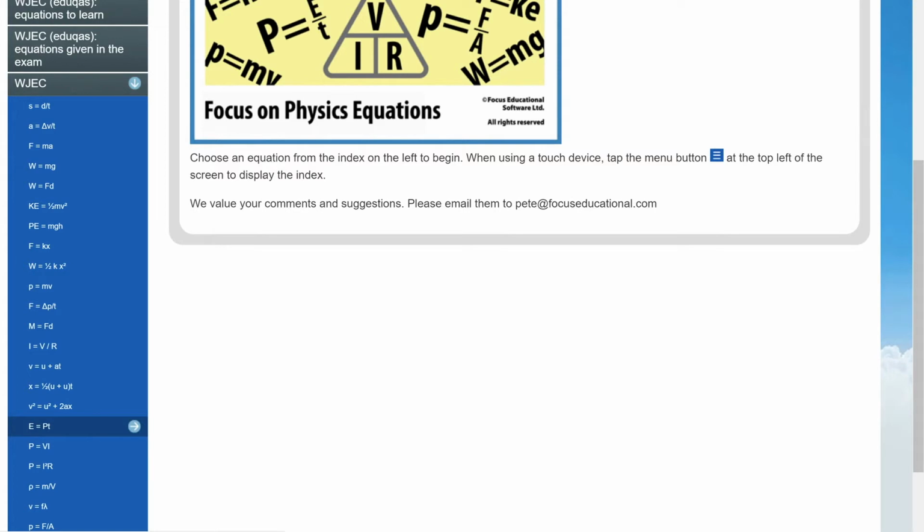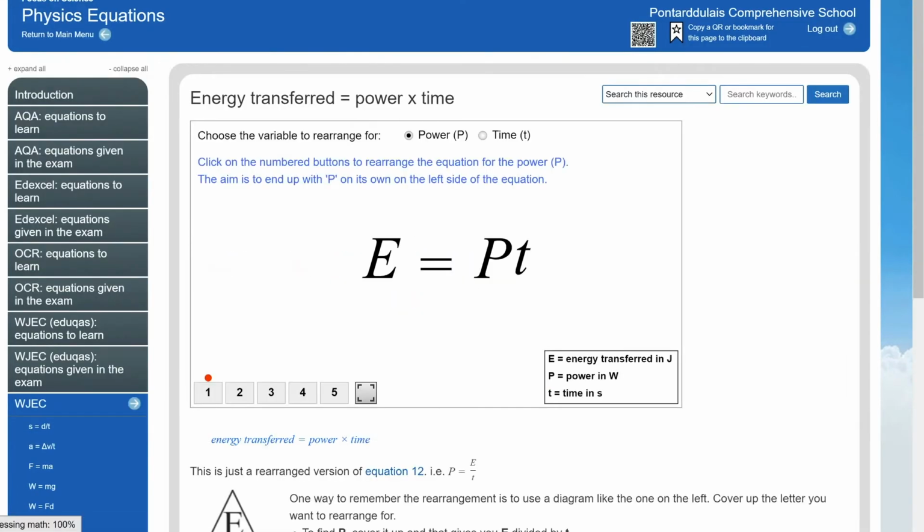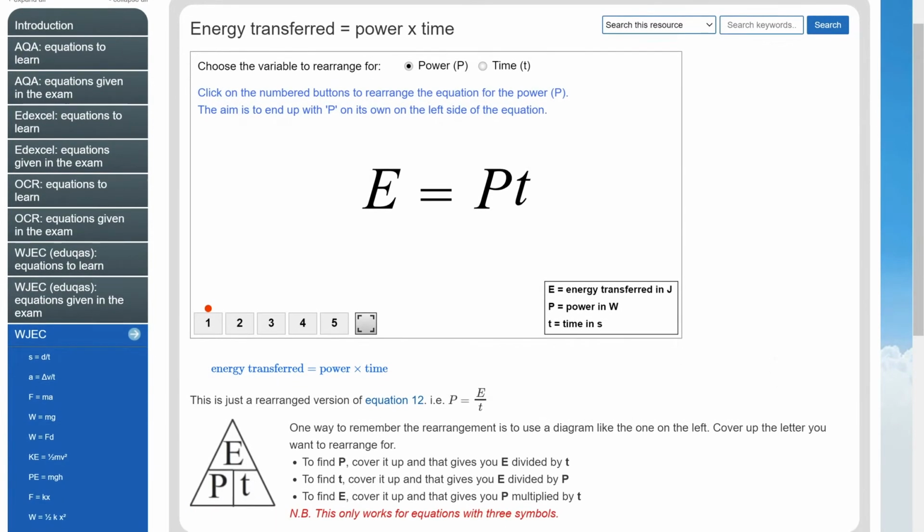If we click on E equals P times T, it shows an alternative way to rearrange that equation.